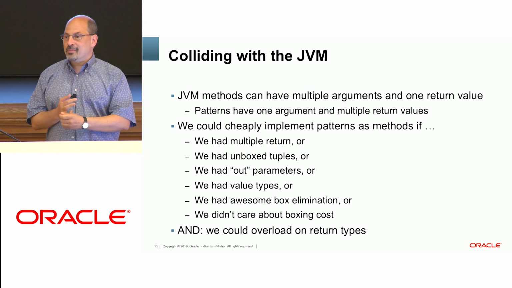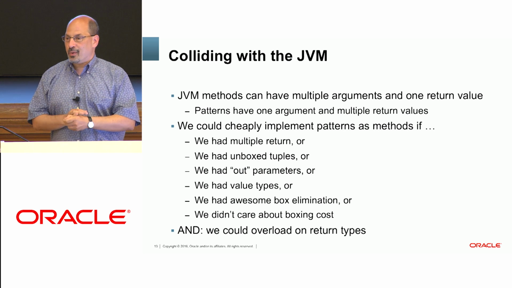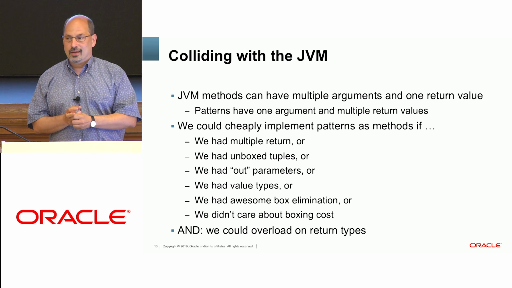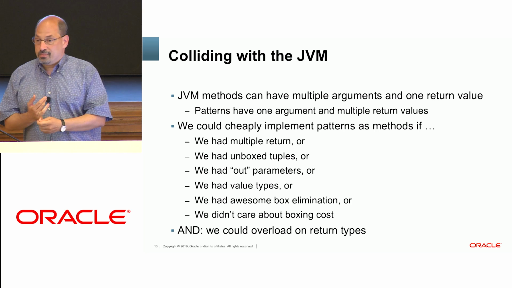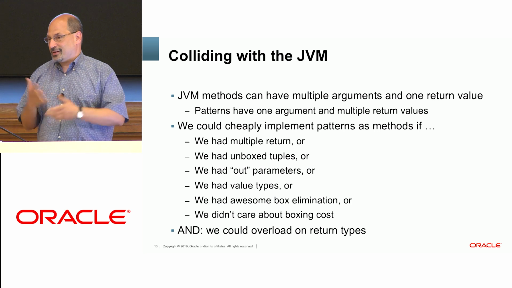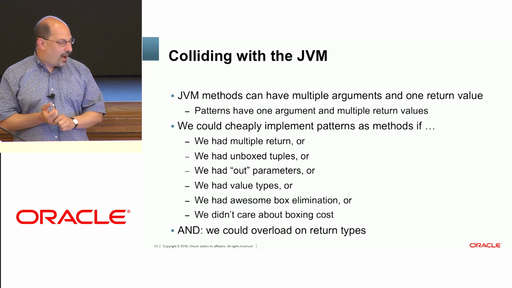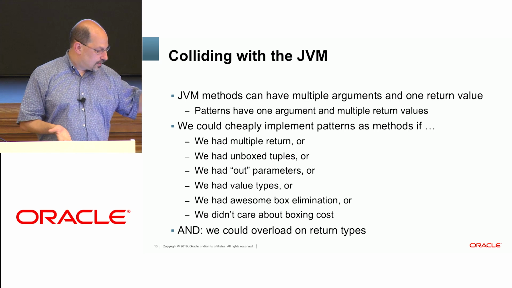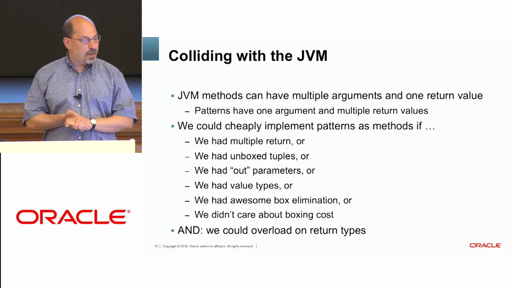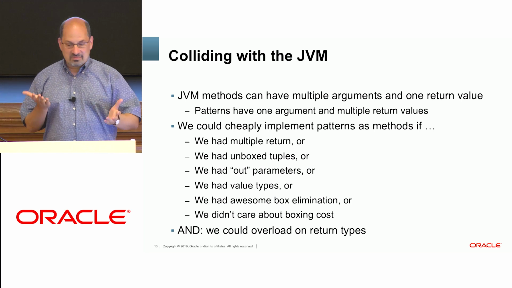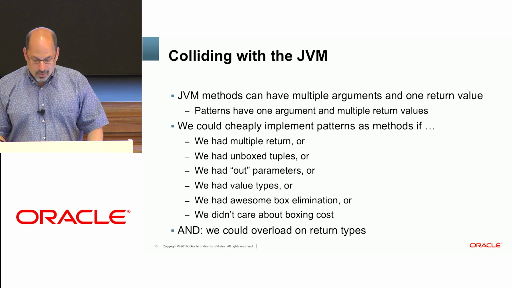Or we had box elimination that was so awesome that we never worried about boxing anymore. We don't have that yet either. Or if we just didn't care about performance, unfortunately, we don't have that luxury. So if we had any of those things and the ability to overload on return types, we could model these things as methods. But we don't have those things.